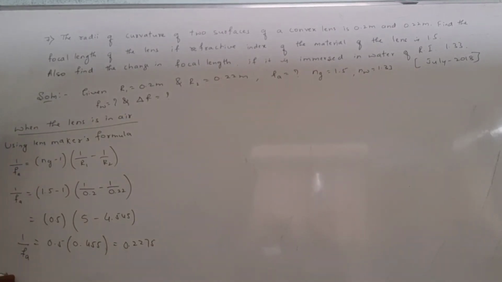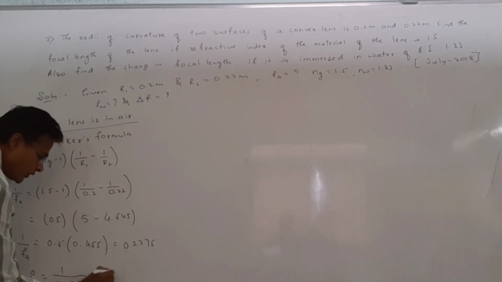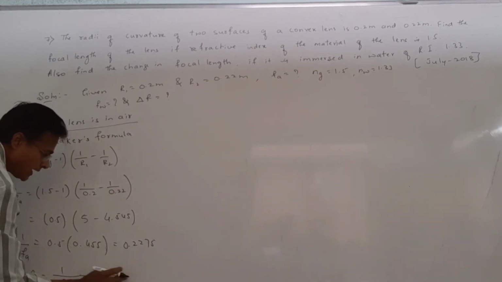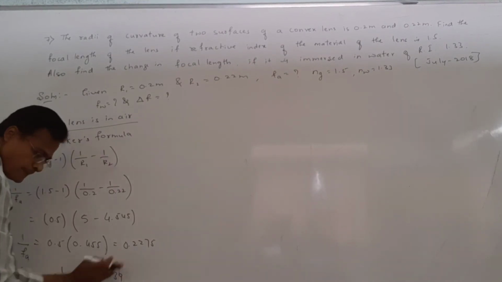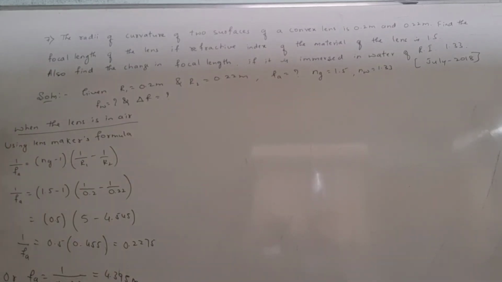So FA equal to 1 divided by 0.2275, which is 4.395 meter.